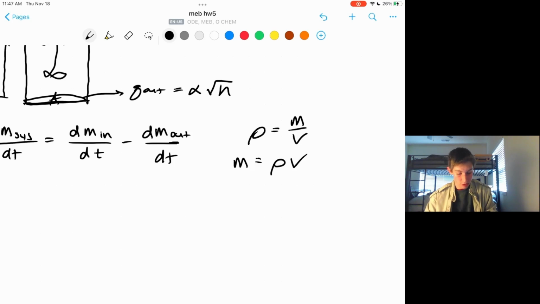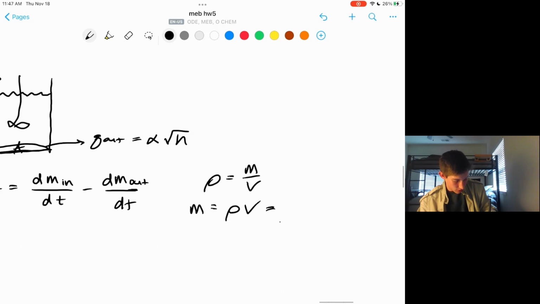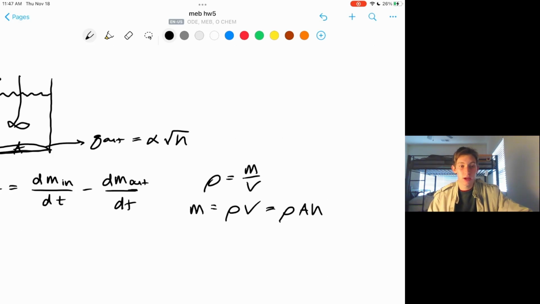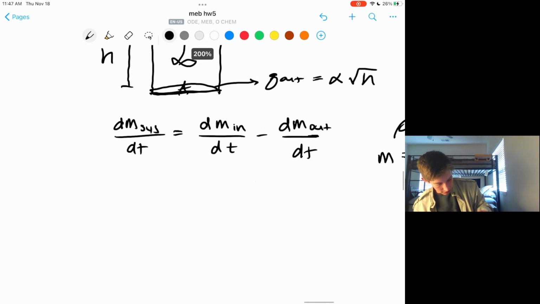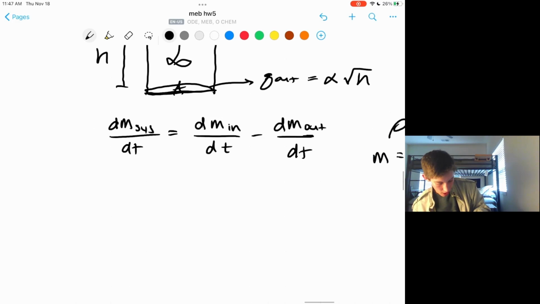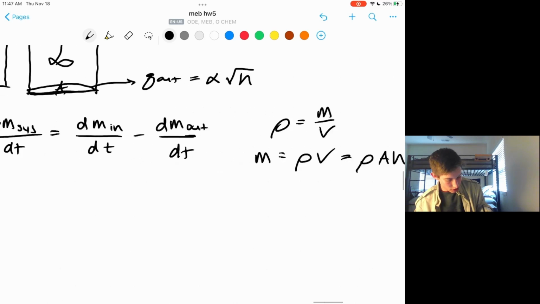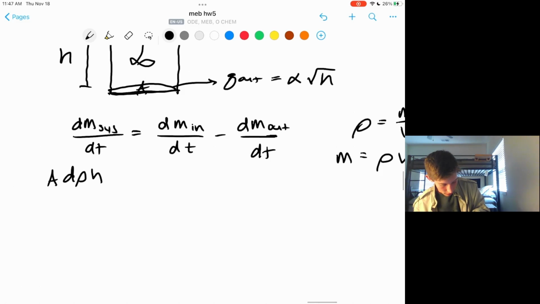We don't explicitly know the volume, but we do have variables for the height and the area, so this can be expressed as the density times the area times the height, because area times height equals the volume. Since area is completely constant, we're going to put that in front of the differential. So we have the change in density times the height with respect to time.